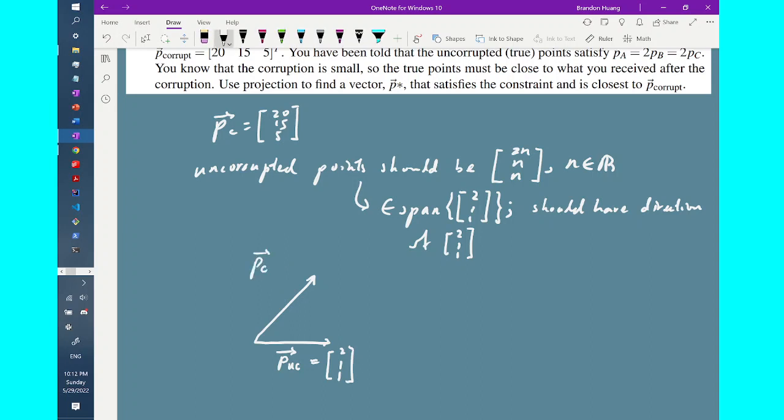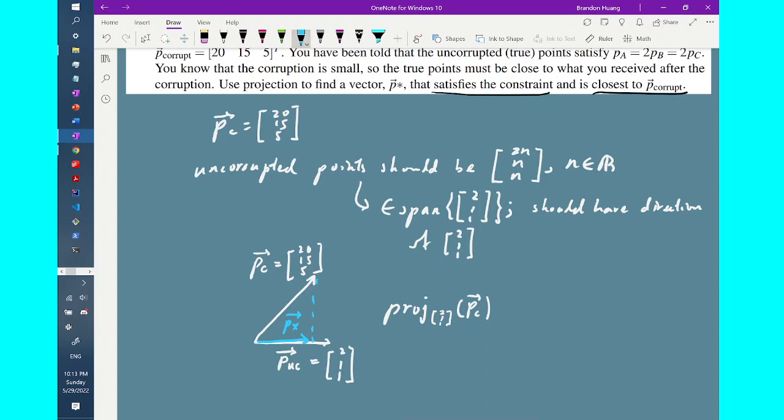And then we're trying to find, given these vectors, a vector P star that satisfies the uncorrupted vector condition, which is that it has to have this direction (2, 1, 1), while being closest to the original corrupted points. So actually we're finding a projection of the corrupted vector onto the direction we want, or the constraint that we need to satisfy. And we also need to be closest to the P corrupt, which is why we're projecting the vector P corrupt onto that direction.